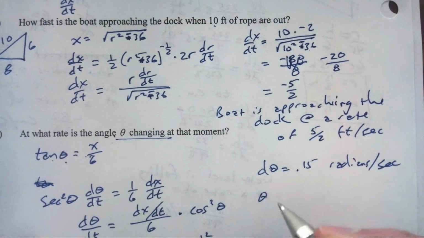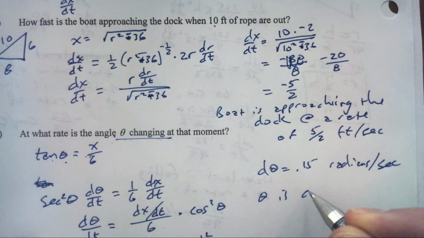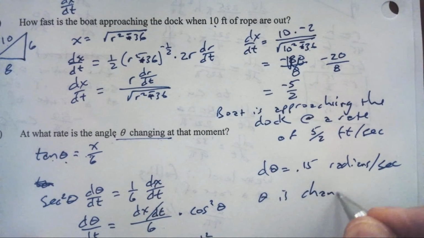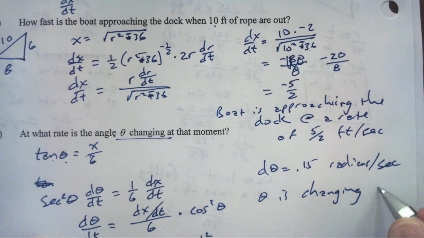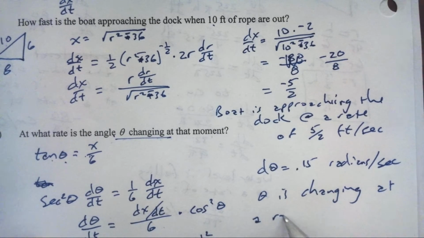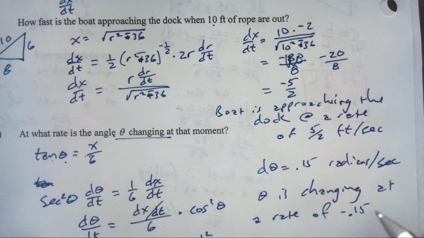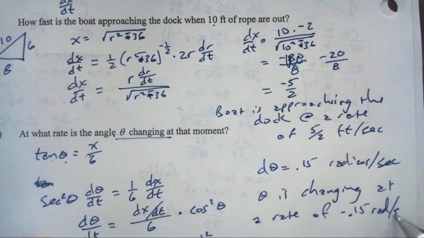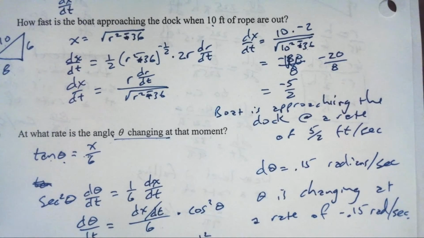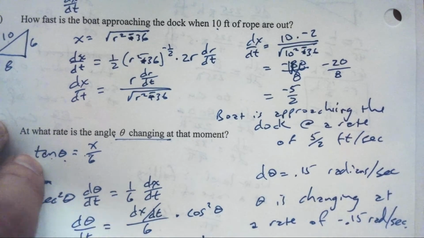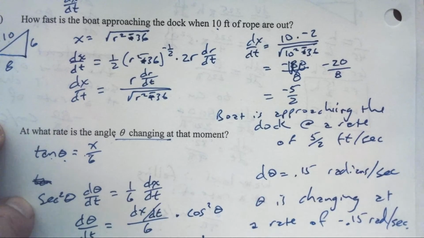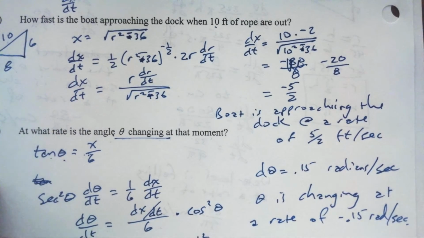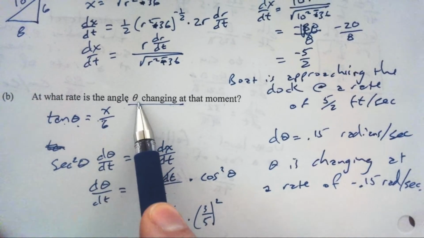So theta is, I don't want to say decreasing, theta is changing, because they asked changing, at a rate of negative 0.15 radians per second at that moment. Okay. All right. So I think a little less going on in this, but that's kind of nice to have an introduction where we're talking about d theta dt.